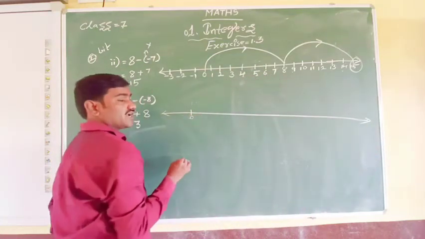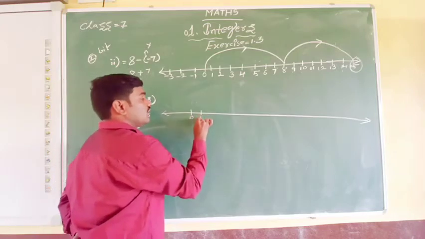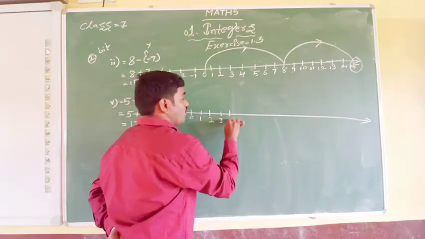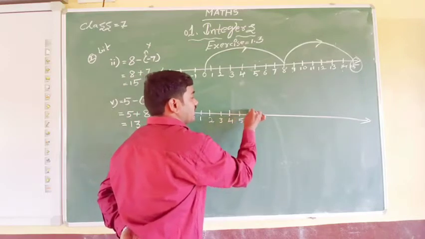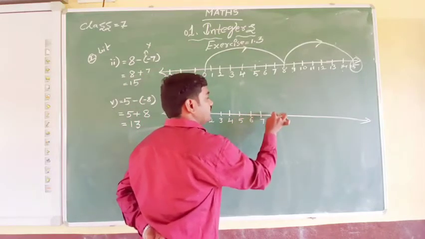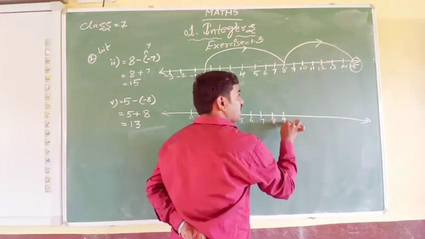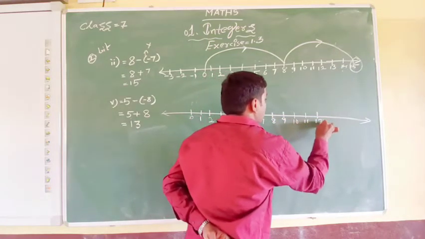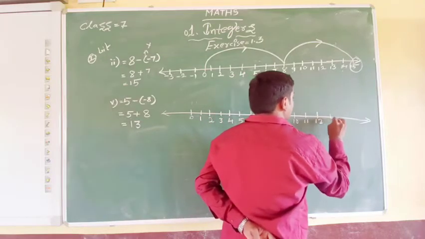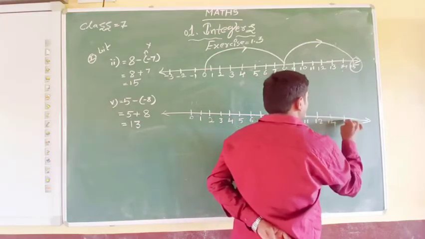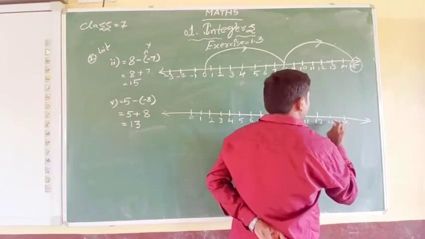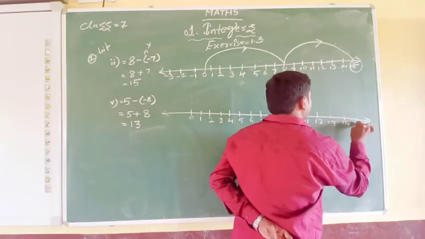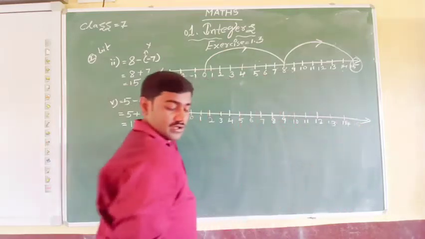We start from 0 because we don't have any negative integers here. 1, 2, 3, 4, 5, 6, 7, 8, 9, 10, 11, 12, 13, 14, 15. Okay, whatever. But how much do we require?